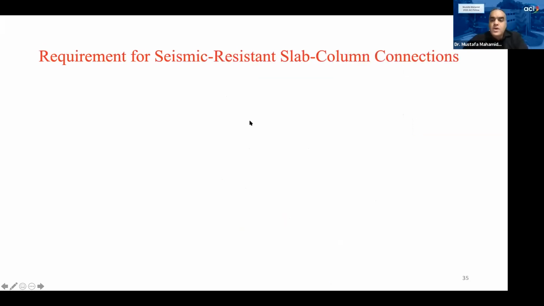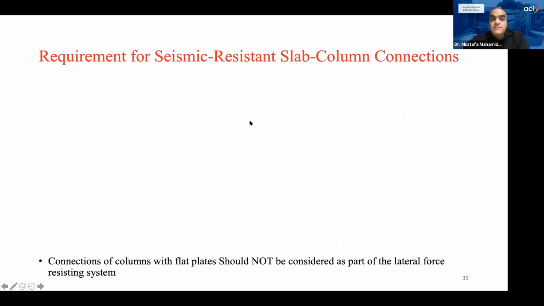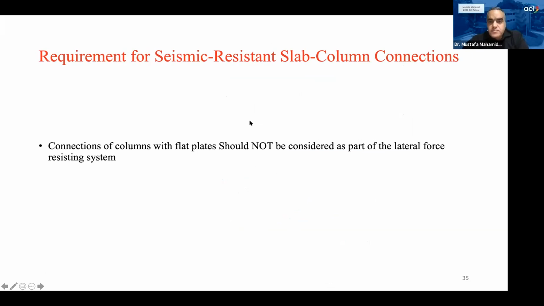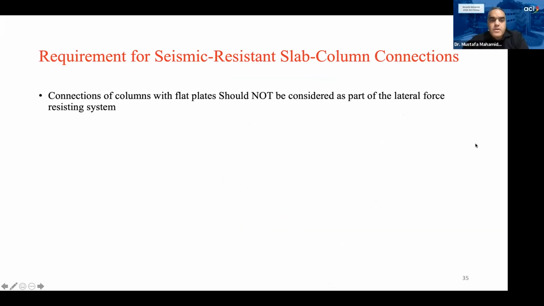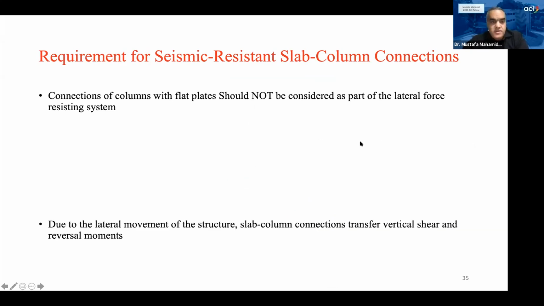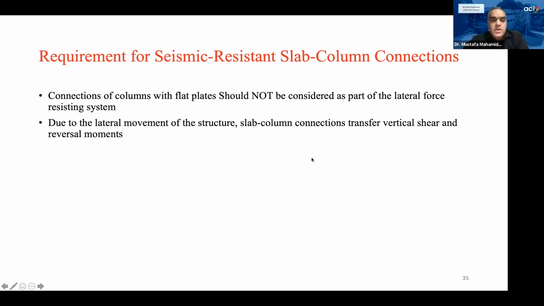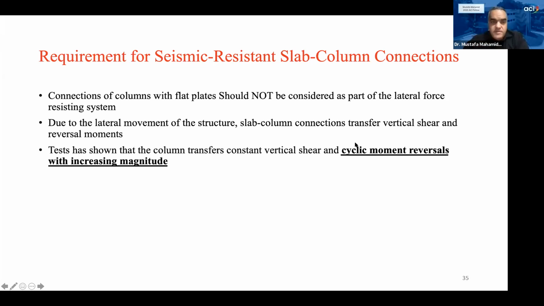Now, requirements for seismic resistance of slab connections. The connections of the columns with flat plates should not be considered, as we said, as a lateral force resistant system in high seismic zones. Due to the lateral movement of the structure, slab-column connections transfer vertical shear and reversal moments, cyclic moment back and forth, as we'll see.